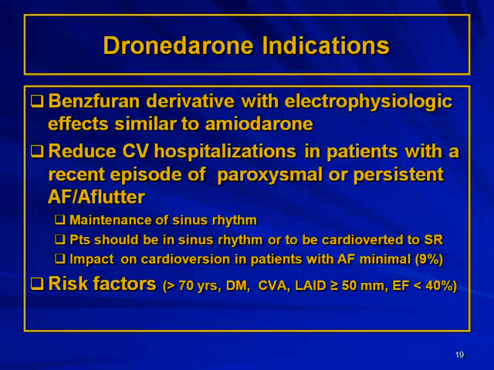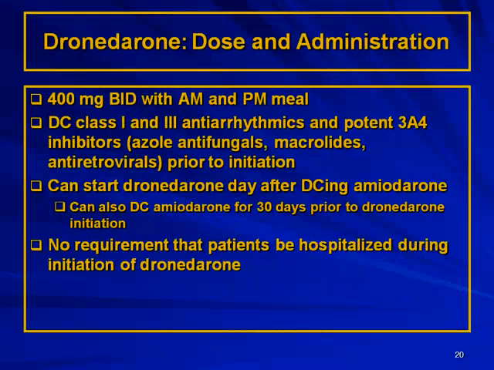Now this is interesting because that's a risk factor, and yet people with low ejection fractions who have heart failure, it's a relative contraindication to dronedarone. So be careful choosing patients with poor ejection fractions as potential candidates for dronedarone. We'll talk about that in just a minute.